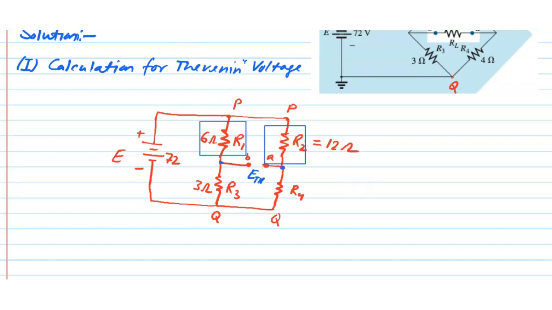Suppose the voltage across this resistance is V1 and across this one is V2.